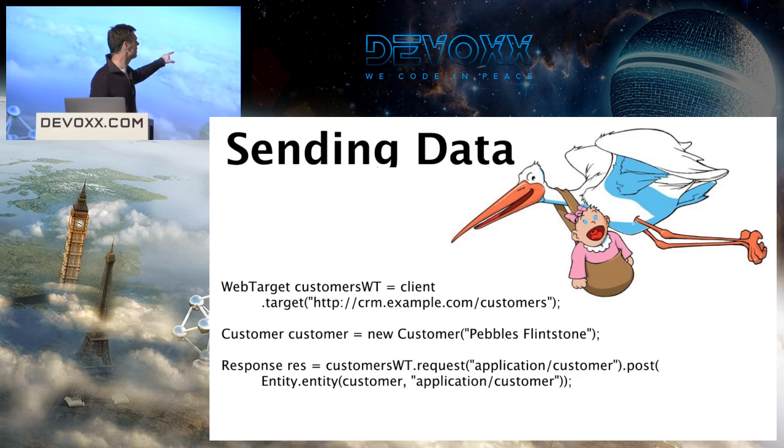The entity class is a wrapper that actually allows the client side to select the appropriate message body writer when streaming out the customer. So the general pattern would be to combine the object you want to send with the media type in which you want to send it, and then put this into the Entity.entity static method.